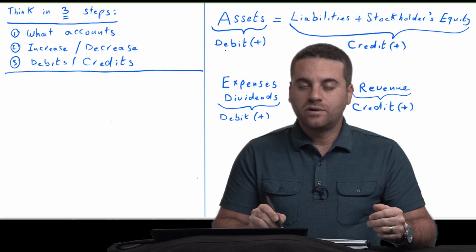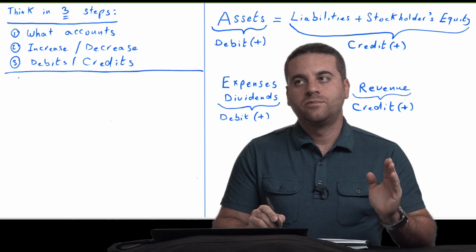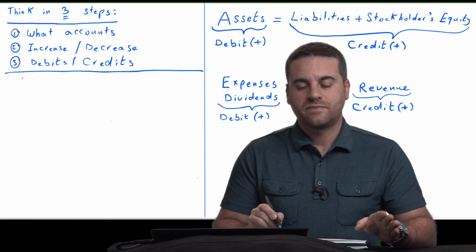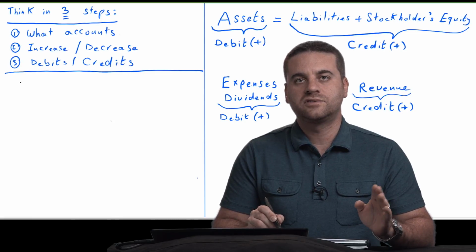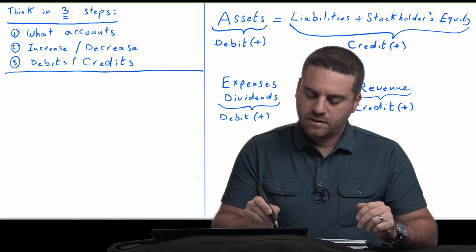So I'm going to record that transaction in a journal entry. The other thing we need to know is we always have to start with the account that we're debiting first. Never start with the credit. You always have to start with the debit. So here, I'm going to write debit.